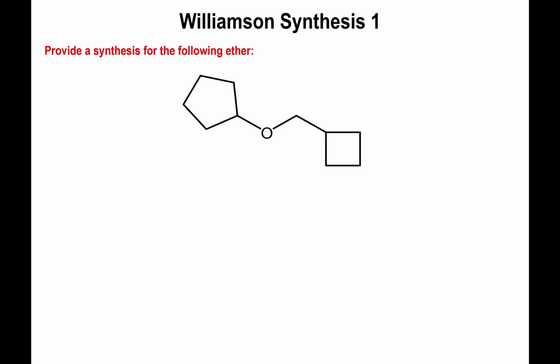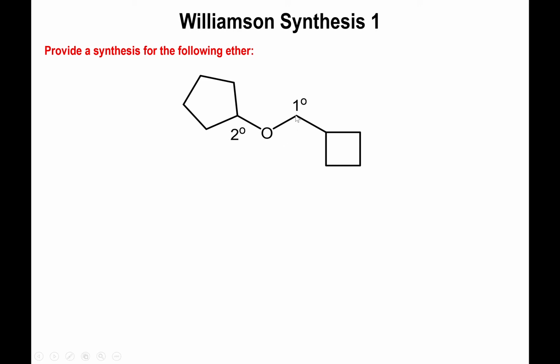All right, so let me give you an example of this issue. Let's say that you are trying to synthesize the following ether, and you want to approach it using the Williamson synthesis. Well, what you have to first determine is what kind of carbons are directly bound to the oxygen of that ether.